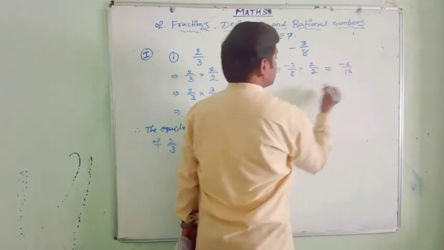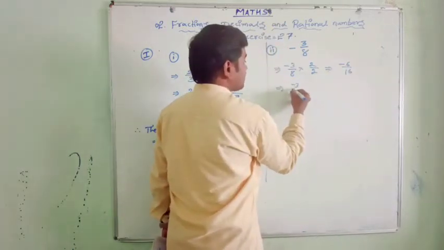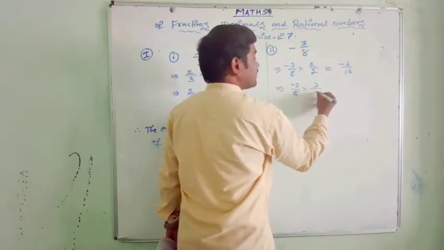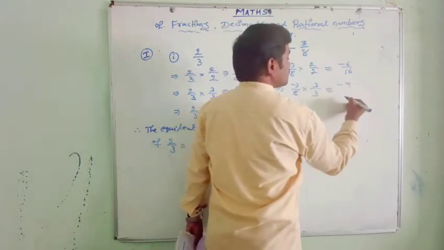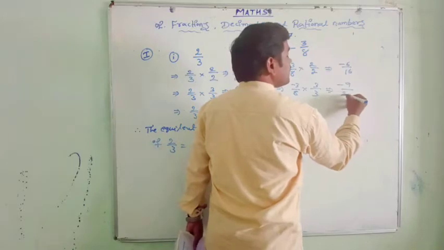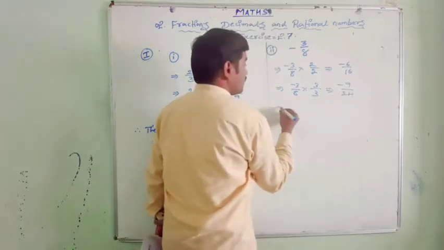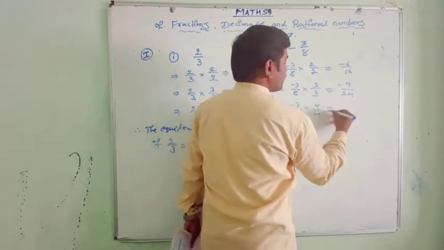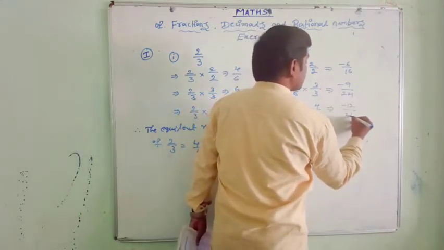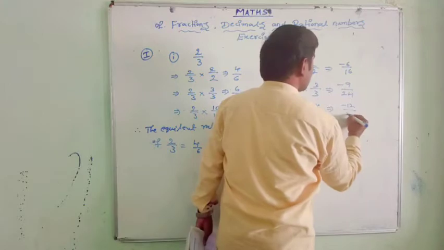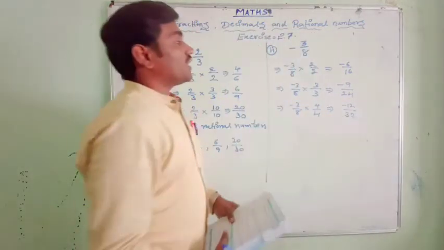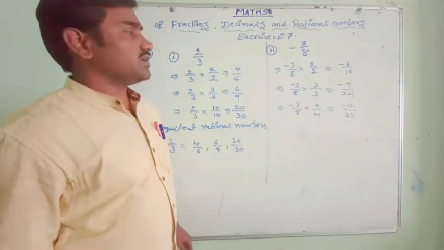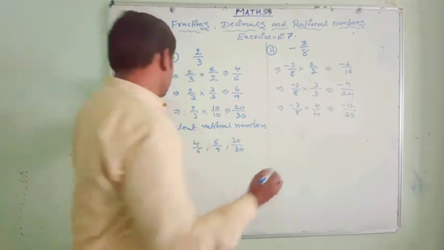Then minus 3 by 8 into 3 by 3: minus 3 into 3 is minus 9, 8 3s are 24. Then minus 3 by 8 into 4 by 4: minus 12 by 32. So you got 3 equivalent rational numbers. We are going for only 3 here.